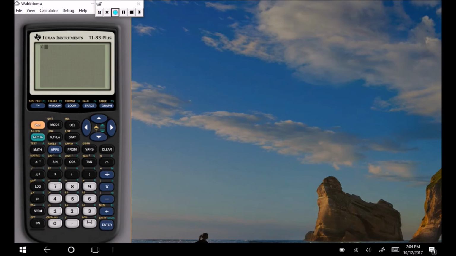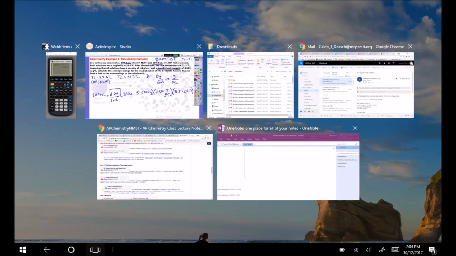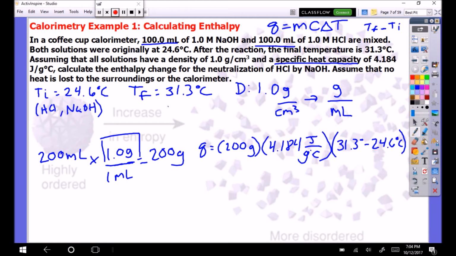All right, so we've got 200 times 4.184 times, I'm going to do parentheses, 31.3 minus 24.6, close parentheses, boom. I get 5606.56. Let's check our units.